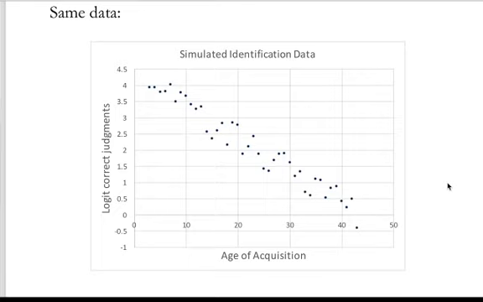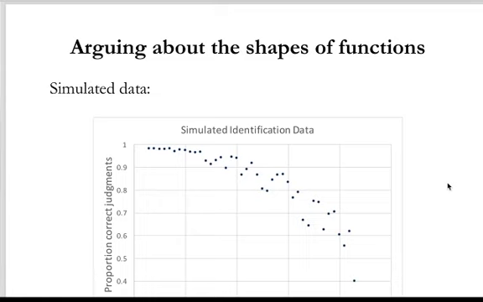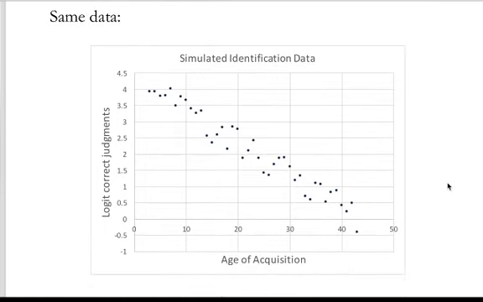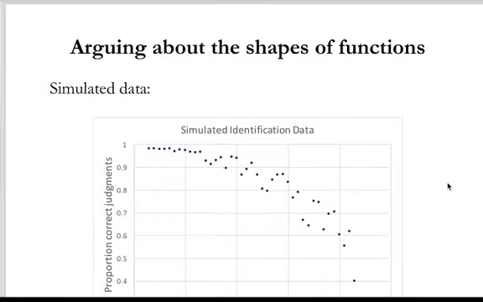So again, this is not an argument that this is the only way or the right way to look at the data. It's an argument that whether or not these data, quote unquote, support the critical period hypothesis is entirely a function of how you measure the data, right?